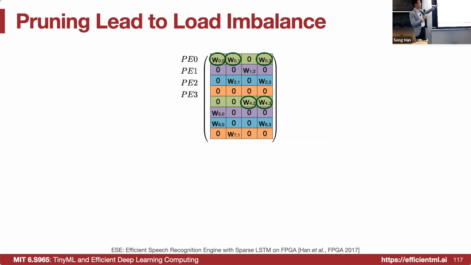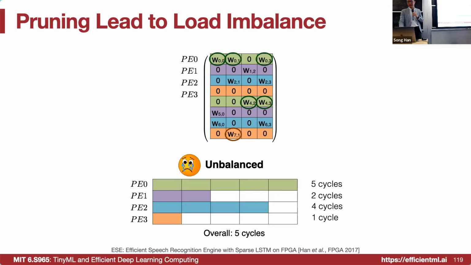In this case, how many non-zero entries does this green PE have? If it is dense, it should be 4 + 4, 8 entries. But it is sparse. In this case, it has 5 entries, taking more cycles than PE3, which has only 1 non-zero element.